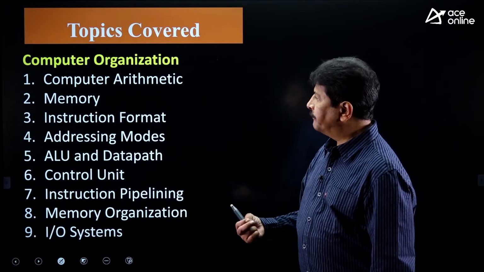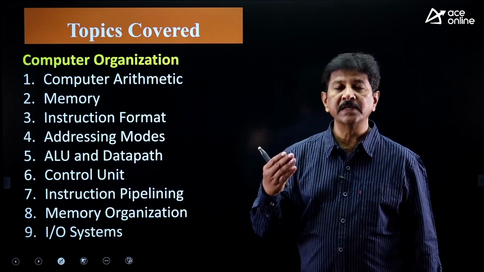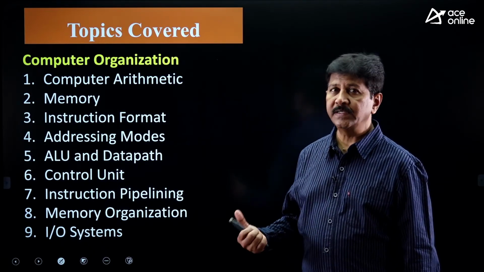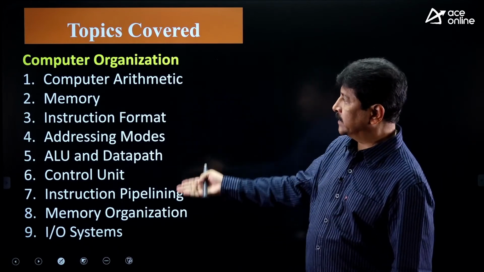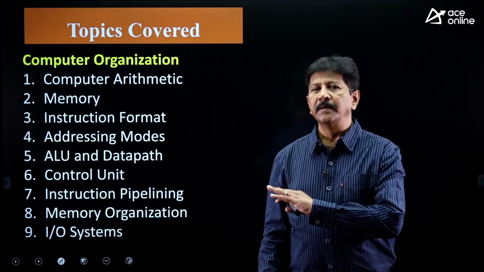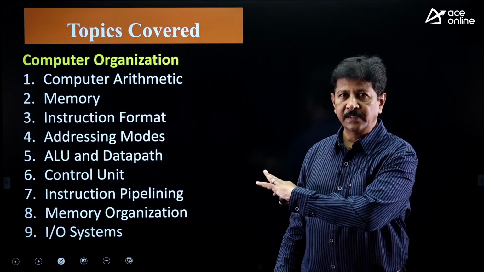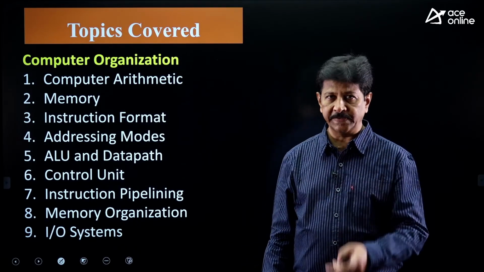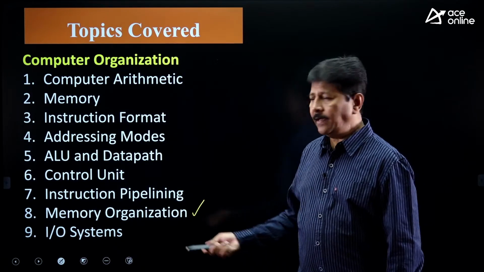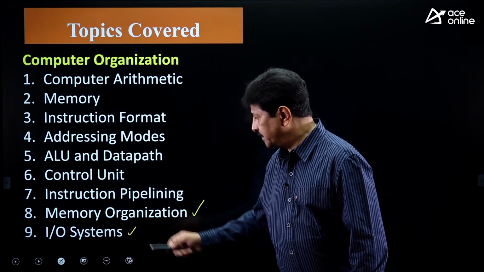Again, for ESE students, whether ECE or electrical, these are the 9 topics we need to cover to answer the questions in the engineering service examination. They are the same as the GATE syllabus except 2 additional things: memory organization and IO systems.